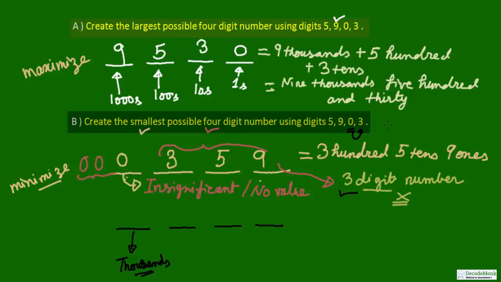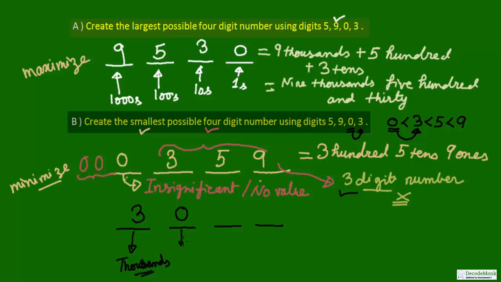What I mean to say is that if we arrange the digits in ascending order, we will see that 0 is the lowest, then comes 3, then 5, then 9. So instead of putting 0 in the highest place value, we will put the next higher number, so that the number formed can be a 4-digit number. So we will put 3 over here, and now we can put 0 over here.